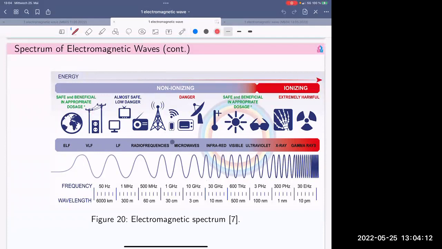Once we move further, we reach the microwave region, and humans use this band for wireless communication, like your smartphone, your mobile phone. This is used for communication, right? For talking, for sending messages, for transferring information that you want to send.